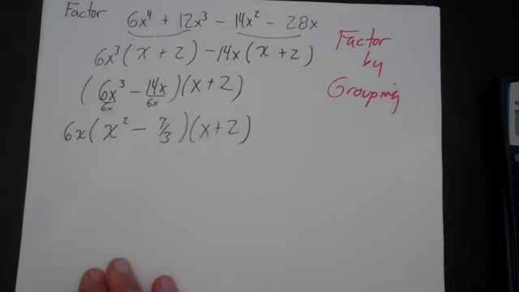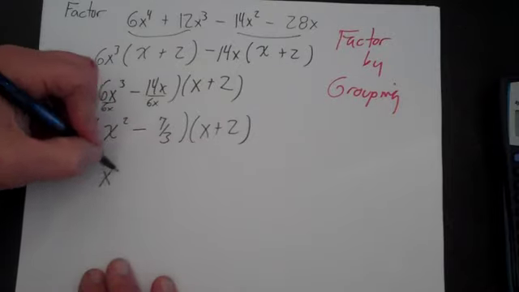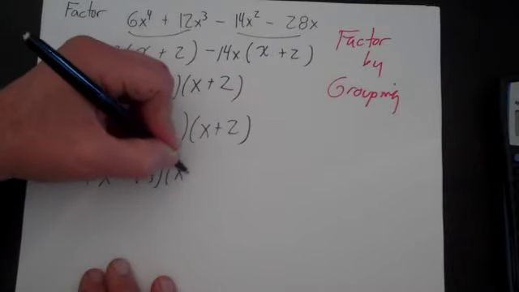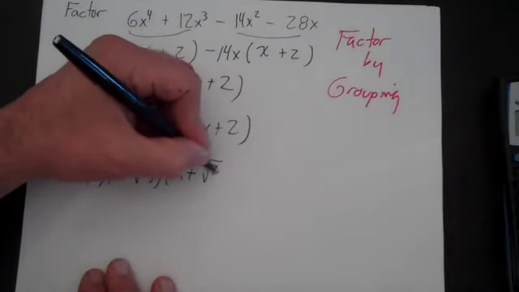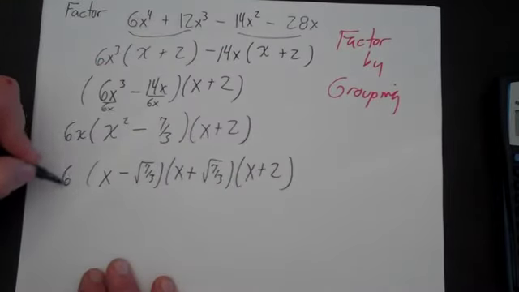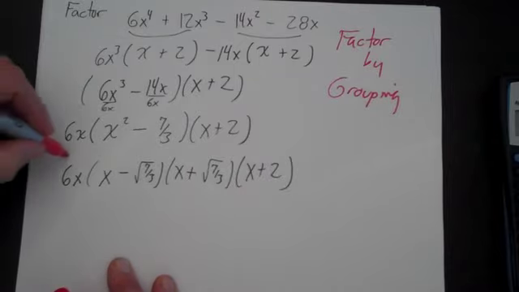That's just monomial factoring. Here I have the difference of squares. That's going to be x minus root 7 thirds, x plus root 7 thirds, x plus 2, multiplied by a 6x. That's going to be my final answer.